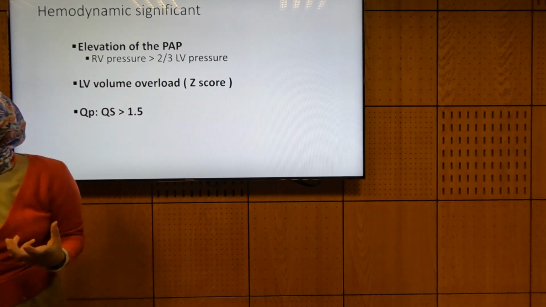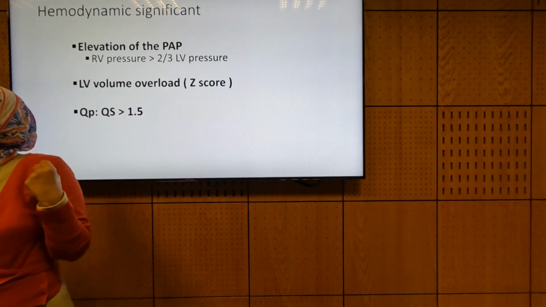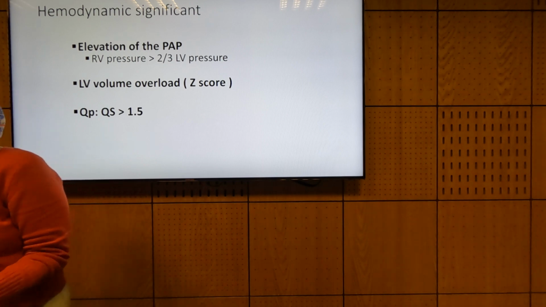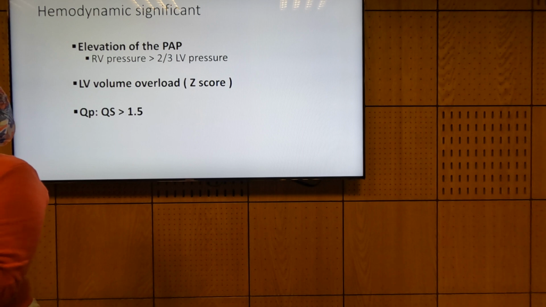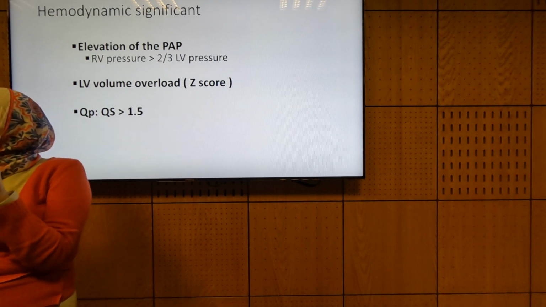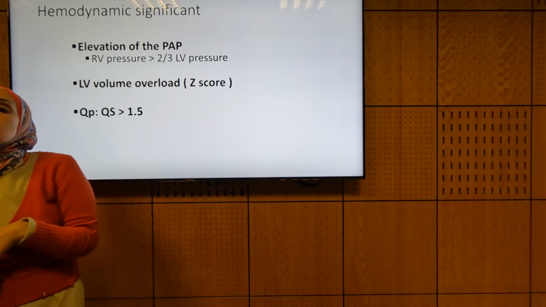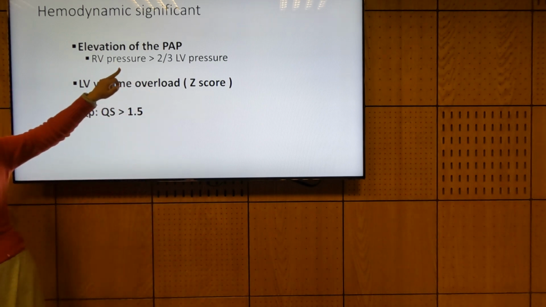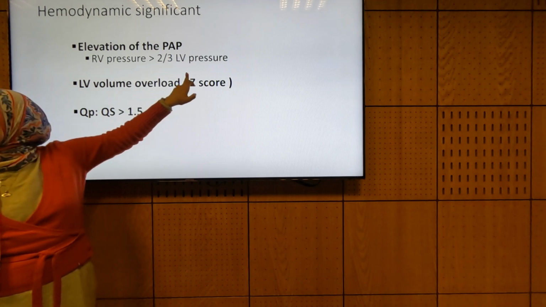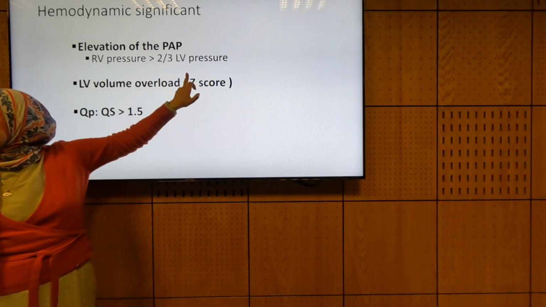And because the lung will be flooded for a while, the physiological process for this overflooded lung is to start to vasoconstrict. So if the RV pressure becomes more than 2/3 of the LV pressure, and how can I know the LV pressure? It's the systemic pressure.